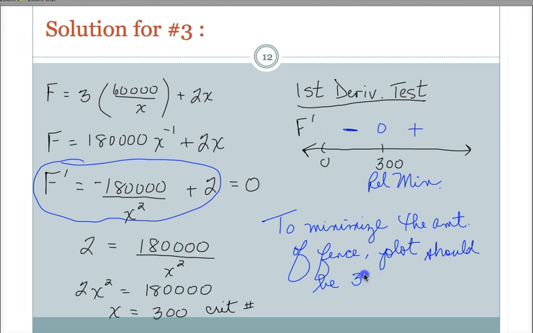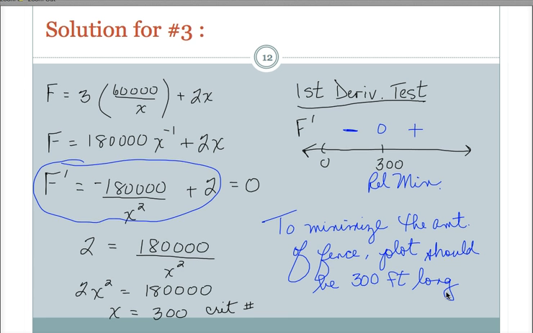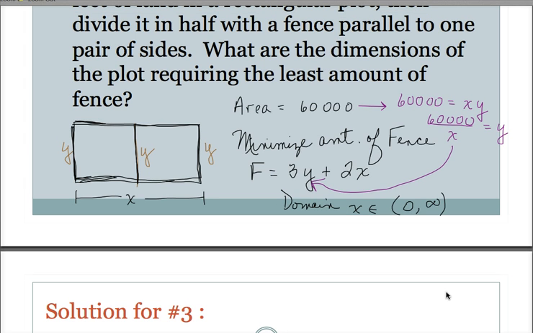So 300, is it feet, I think, long. Okay, so going across. And then to figure out the Y, easiest place to go back to your secondary equation.